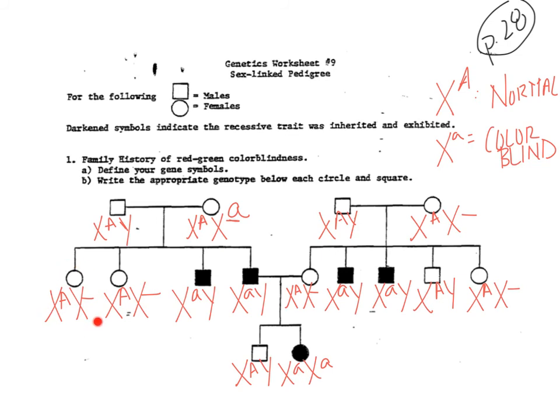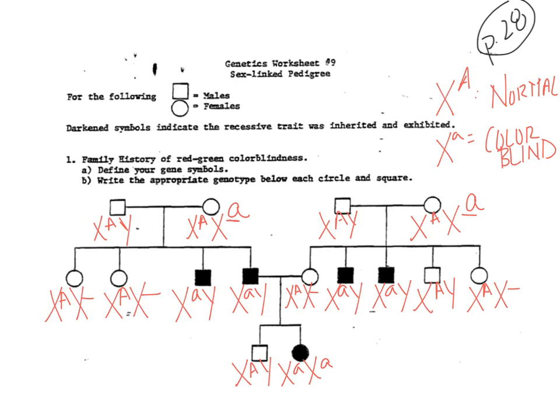Do we know her parents? Yes. Are either of them shaded? No. Do we know this person's offspring? No. So we leave it blank. Do we know the parents? Yes. Neither are shaded, and we don't know their offspring, so we leave it blank. We don't know this person's parents, but we do know their offspring. She does have shaded children, so this must be a little a.